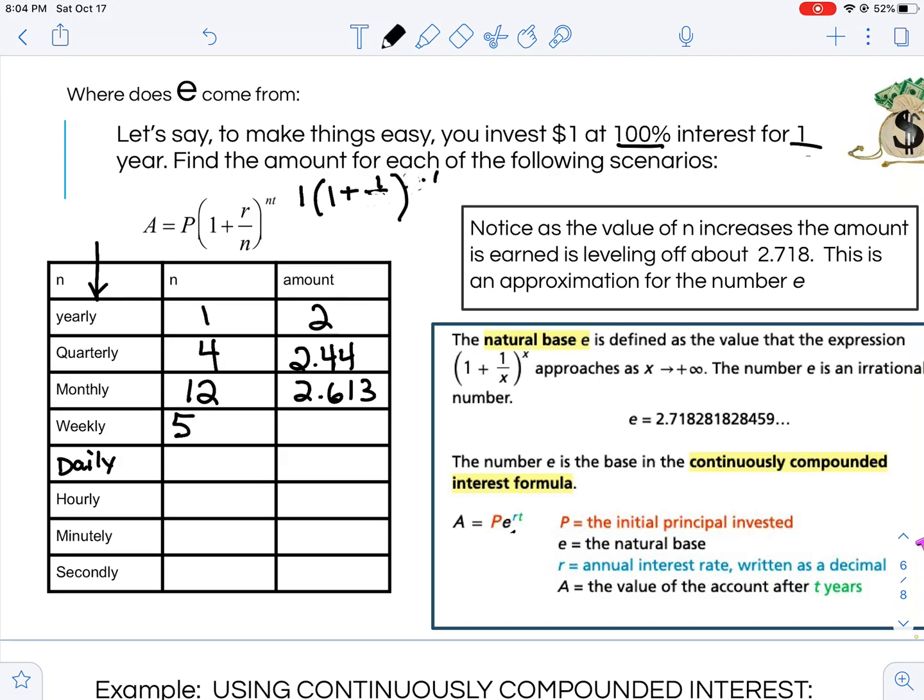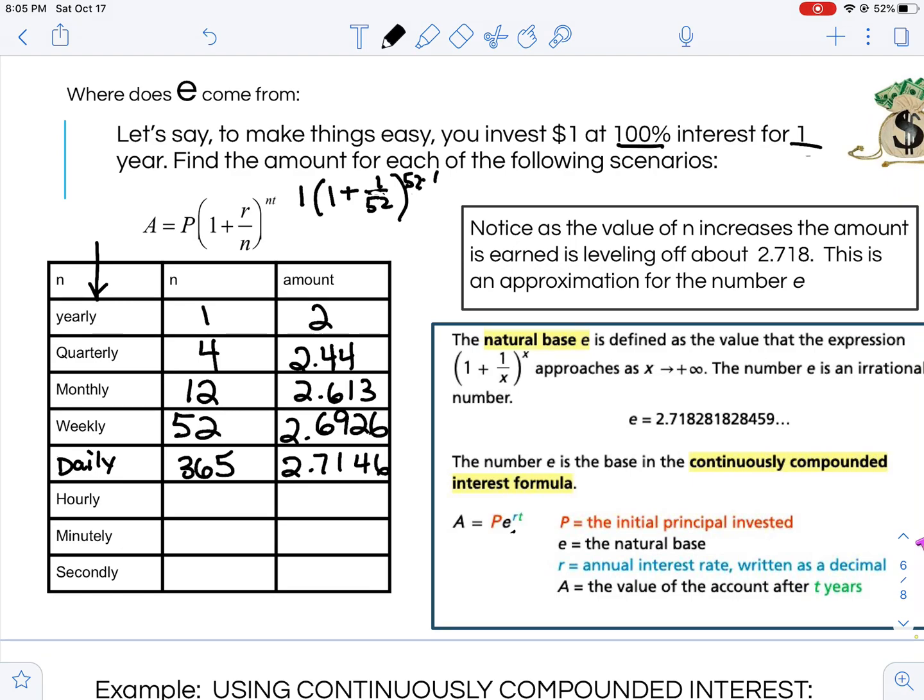Okay, weekly. Weekly is 52 times a year. So we're going to substitute in 52 for n. And again, we get a little more money. The more times that we're earning interest, the more money we get. Now, if we keep going using our formula and we do daily, we're going to get up to $2.71. And I'm going to write out a couple decimal places.